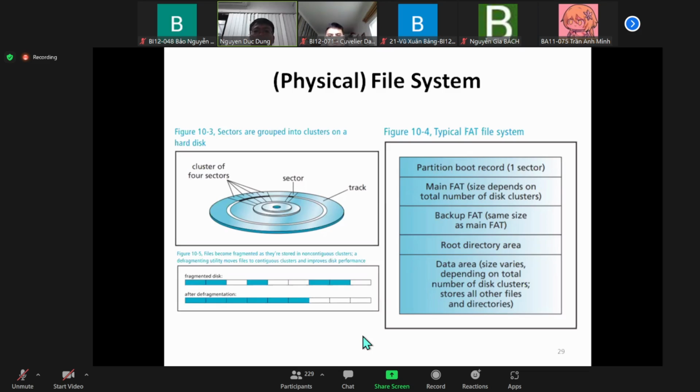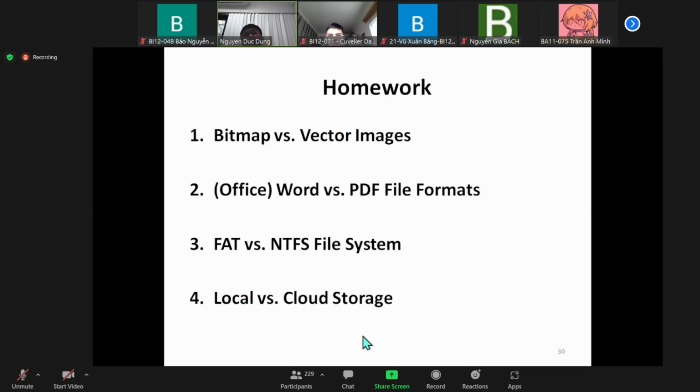The homework for you is to explore by yourself the data representation and file structures with your computer. For example, some of you have the Windows operating system, some of you work on macOS.